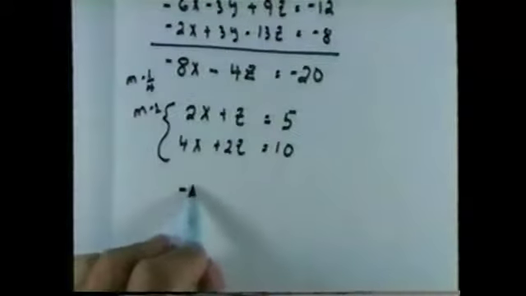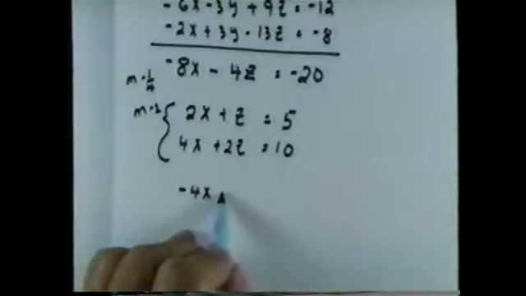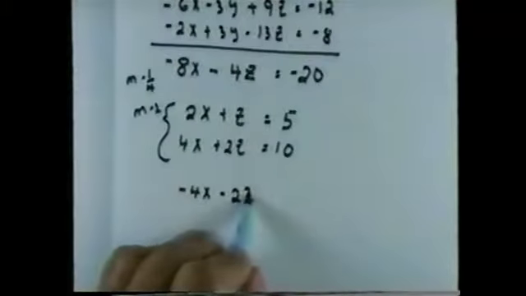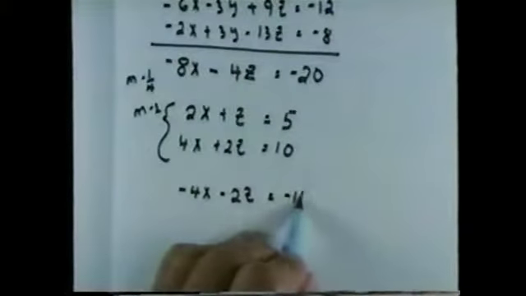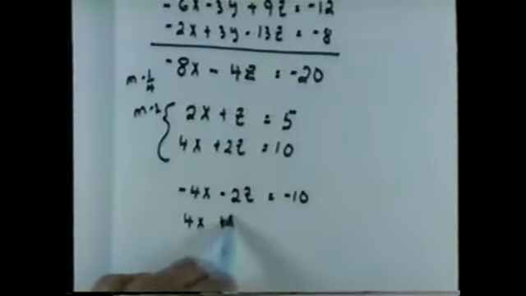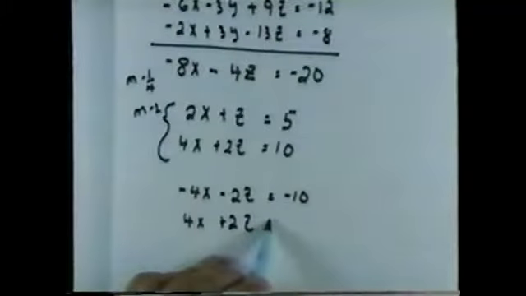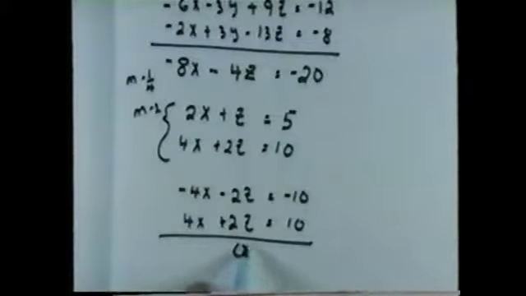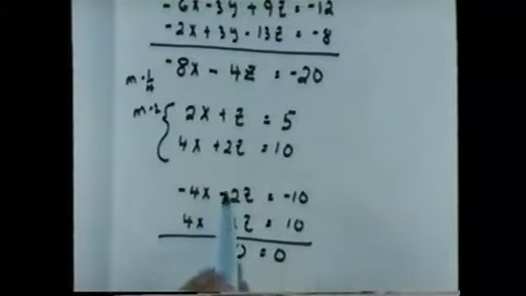Multiply by negative 2, I get negative 4x minus 2z is equal to negative 10. 4x plus 2z is equal to 10. So I add and I get 0 is equal to 0. So notice what happened. Both variables cancel.